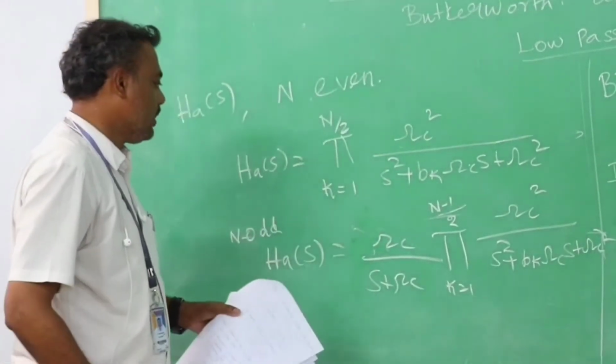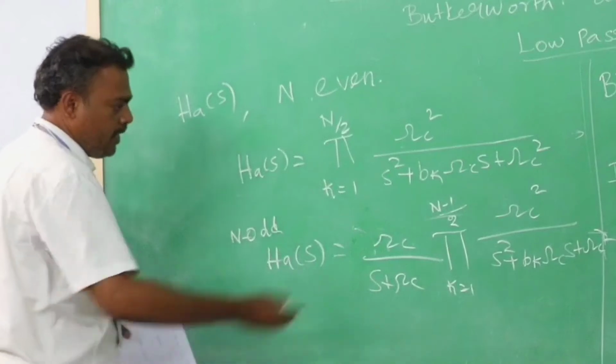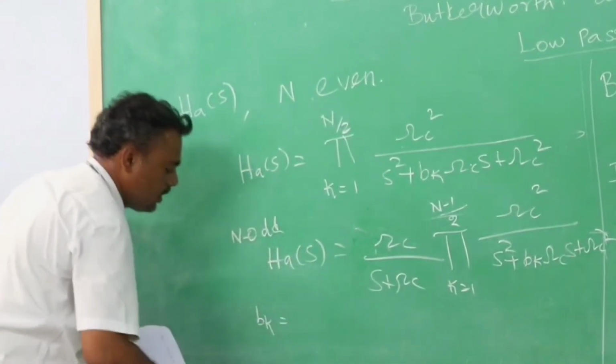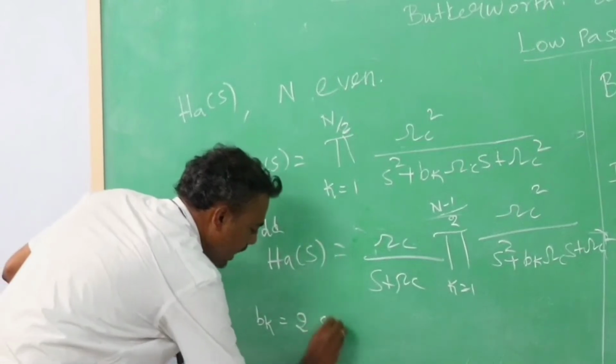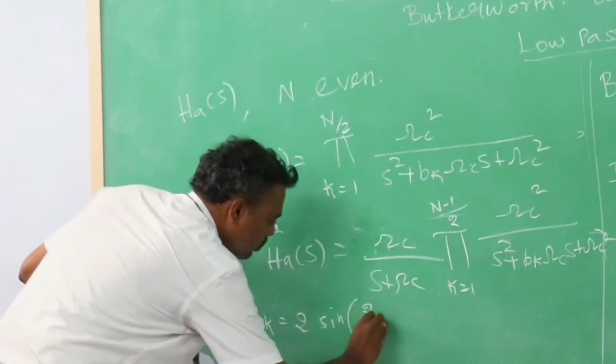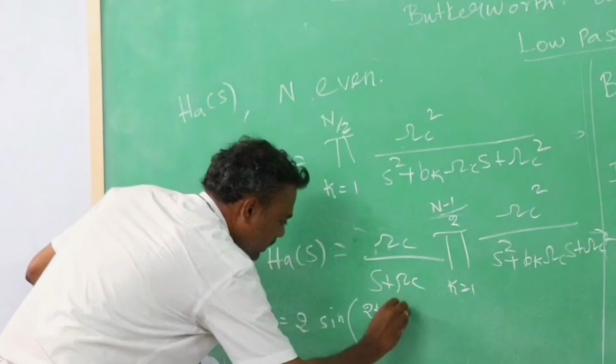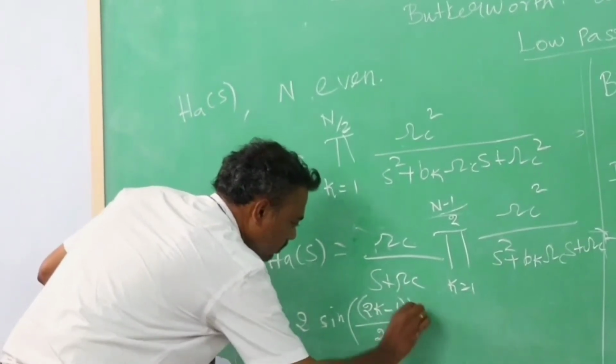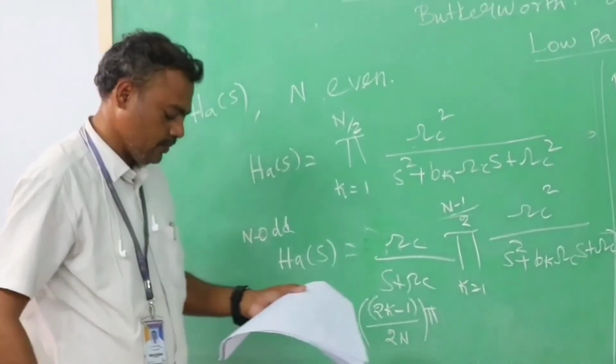Here bk is a coefficient. The bk is expressed as 2 times sine of (2k minus 1) divided by 2n, times pi.